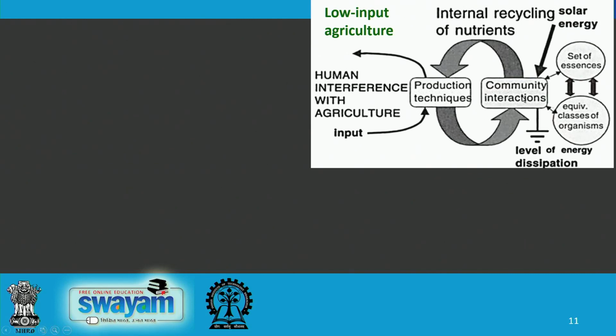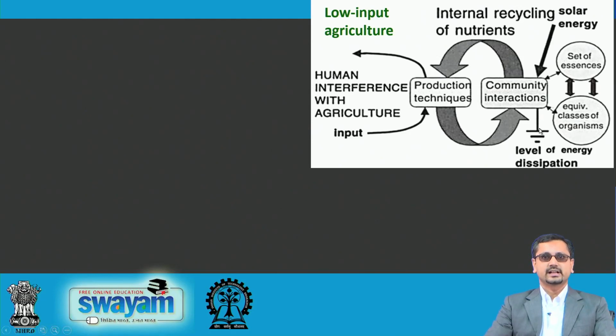There is a great sense of community in terms of interactions, and in the presence of the natural forces including the solar energy, all these inputs are then transformed into the internal recycling of nutrients and they result in meaningful production or yield.